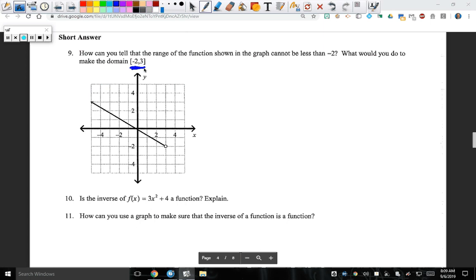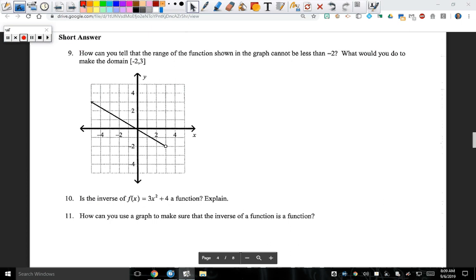If the domain is closed at -2, closed at 3, and everything in between, what I would do to this graph is, number one, I would fill in this open circle. And the other thing that I would do is I would cut it off and not let it continue to the left forever with this arrow. I would actually cut it off and make an endpoint right there at -2. And now there's my graph showing that it's only between -2 and 3.